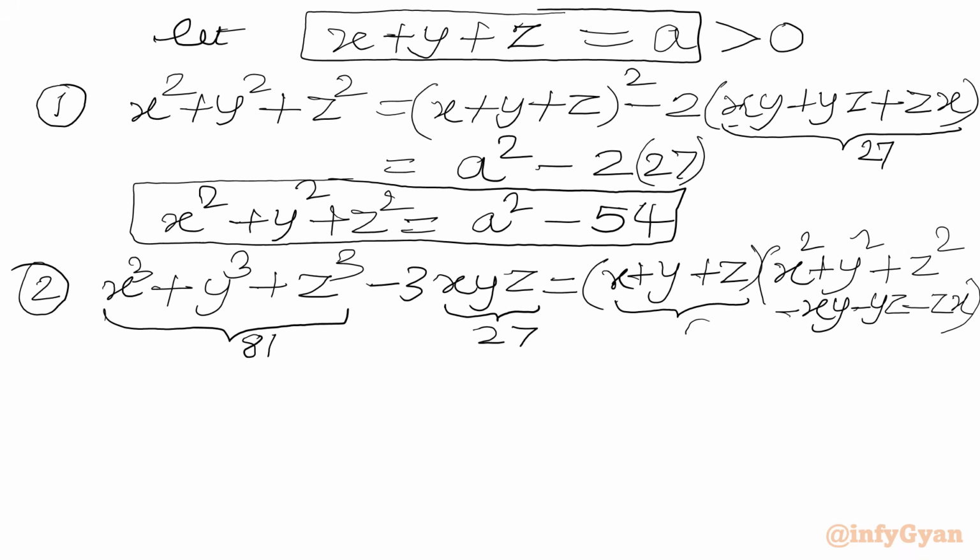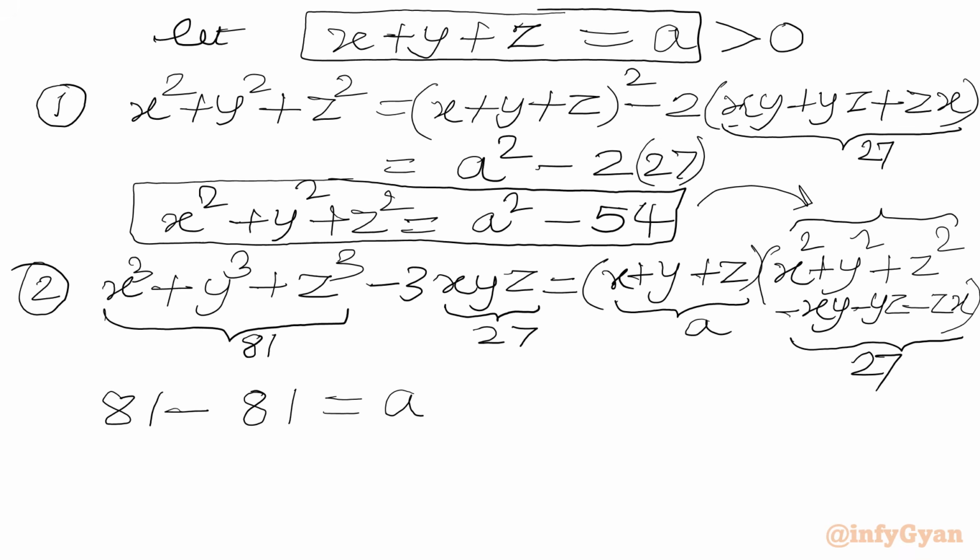Here we will write a. Here we are going to write this value. And xy plus yz plus zx, this is our equation number 3, so the value is 27. Let us apply all the values. 81 minus 3 times 27 is again 81, equal to a times, in the bracket, x square plus y square plus z square, which is a square minus 54, then minus xy minus yz minus zx.